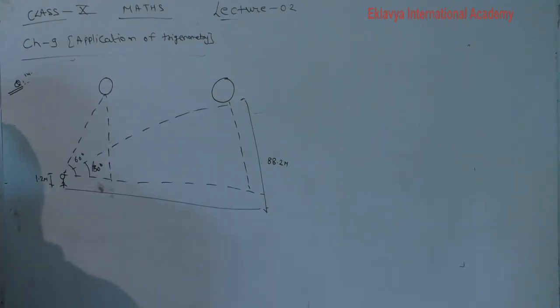The angle of elevation is horizontal. After some time the angle of elevation changes; find the distance traveled by the balloon during that time.